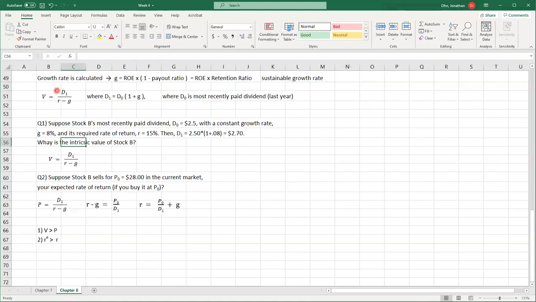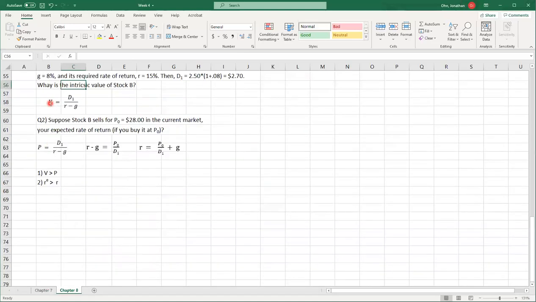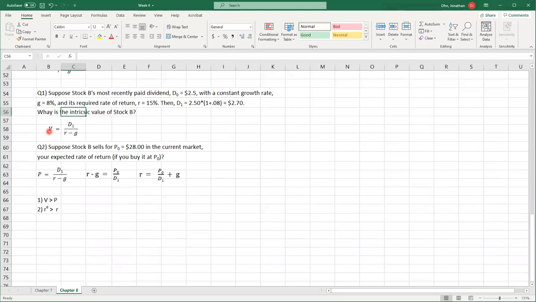Intrinsic value requires D1, right? If you look at this valuation model, we have three inputs: D1, R, and growth rate. Once you identify these three components, the intrinsic value is easy.